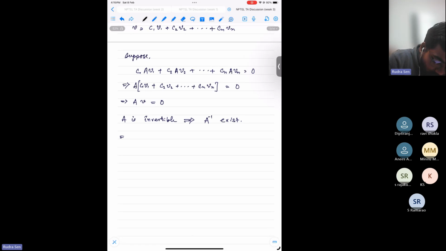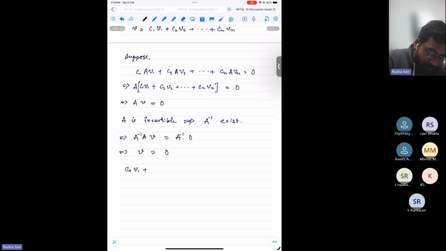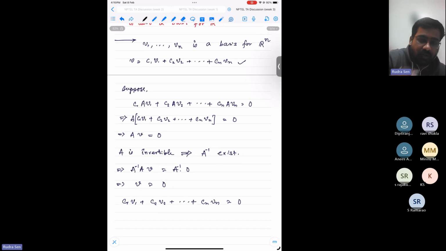So if we pre-multiply by A inverse on both sides, we get A inverse A V equals A inverse 0, so V equals 0. V equals 0 means C1 V1 plus C2 V2 plus up to Cn Vn equals 0, because I have chosen V to be this combination.